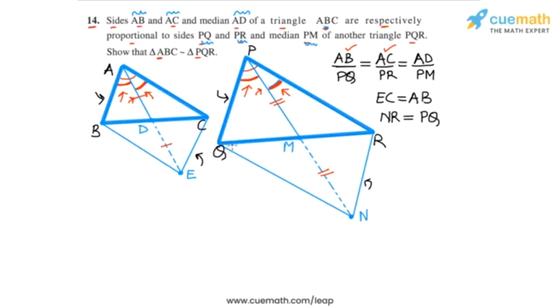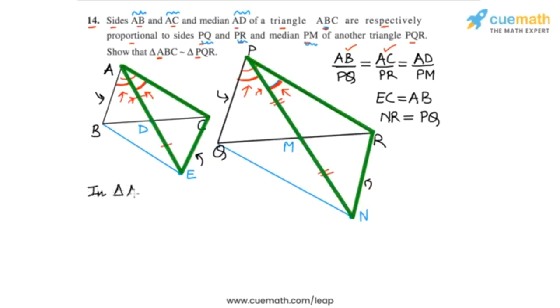Okay, so let's proceed now. Let me highlight triangle ACE and triangle PRN once again, and now we will compare these two triangles and show that they are similar. Specifically, we will compare the ratios of the corresponding sides. Let me write out all the observations we are going to make.